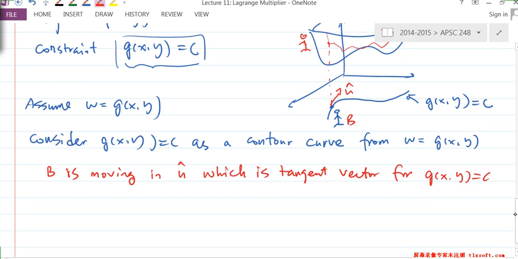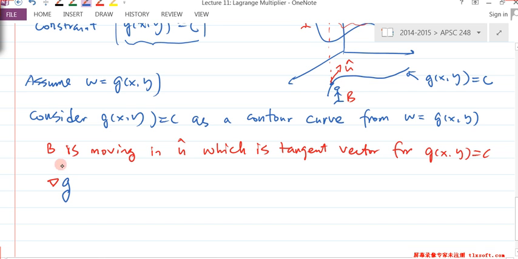Now in the previous lecture, we learned one fact. This is the function w equal to g of x, y, and this is one particular contour curve coming out of it. What is the relationship between the gradient vector of the function g and its contour curve? Do you remember that? You have the gradient vector del g here.